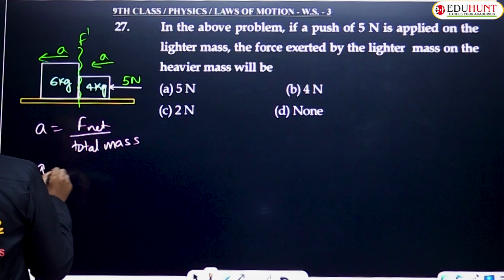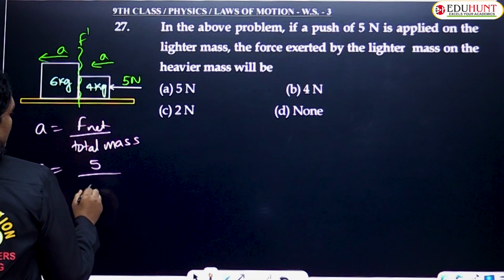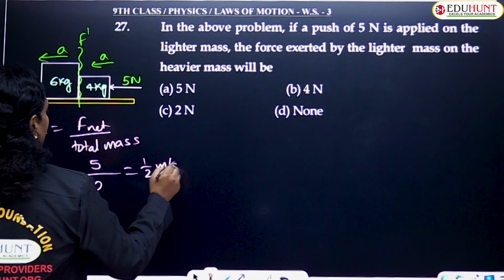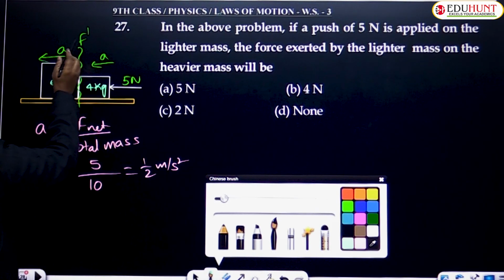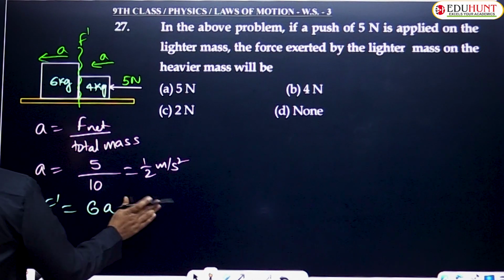Hence the value of A is found to be: force acting is 5 Newton and mass is 6 plus 4, that is 10, and hence the value is 1/2 meter per second square. Same as before. Now what happens is, because of this contact force, this 6 kg mass is set into acceleration. F dash is equal to 6 into A.